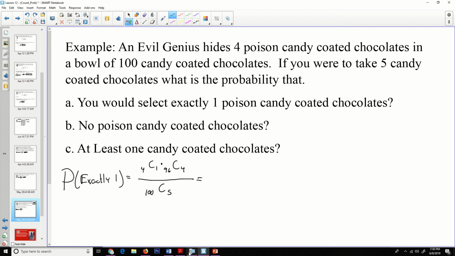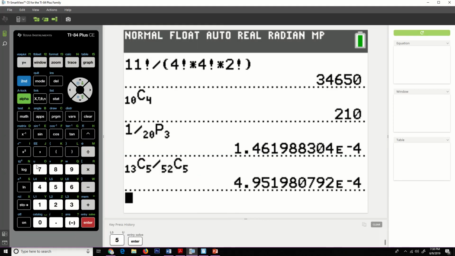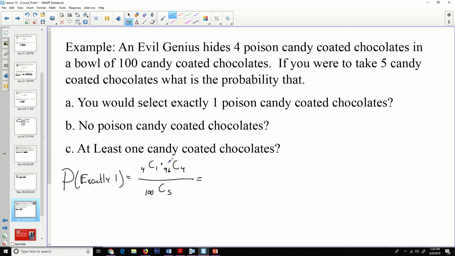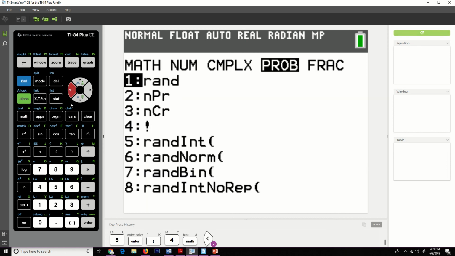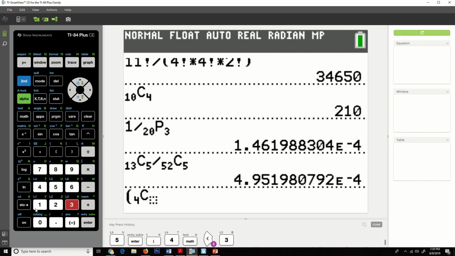So again, we're going to do the graphing calculator. Since we want to multiply these two before we divide, we're going to put parentheses around it, although I don't think we'll need them. So for math, go over to probability, hit 3. We're choosing one of those. We're going to push our right arrow key so that it gets out of that subscript.